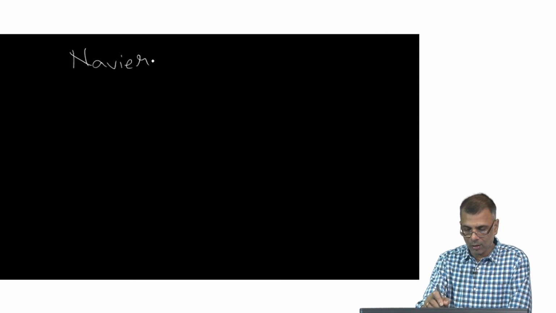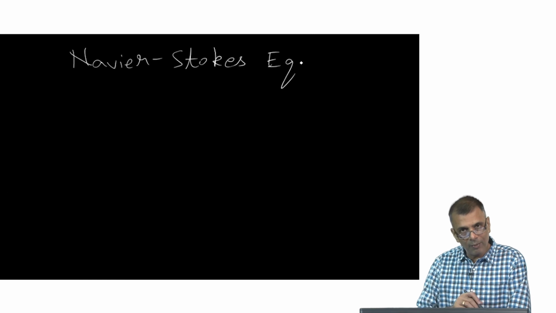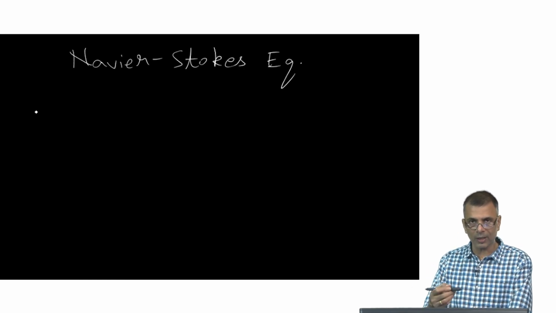Consider the now familiar Euler equation. Well, actually, not quite the Euler equation. Let's say the Navier-Stokes equation, which includes viscosity also, and which you recall is nothing but F equals ma, written in the Lagrangian framework.